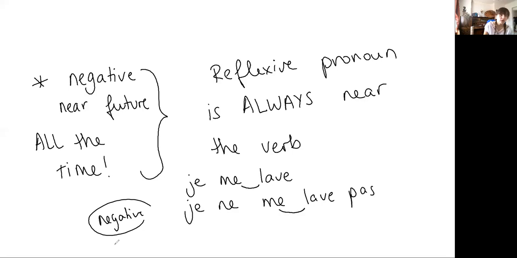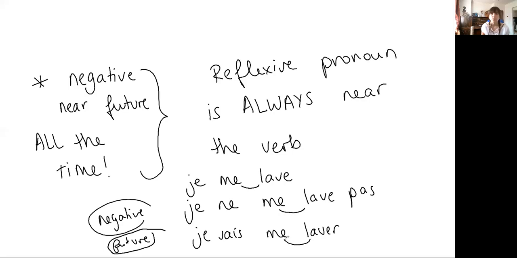If you're using the future, sorry for my very bad handwriting, that would be je vais me laver. You always put the me in front of laver, in front of the verb, because that's basically how it works. So the little reflexive part will always be close to the verb.